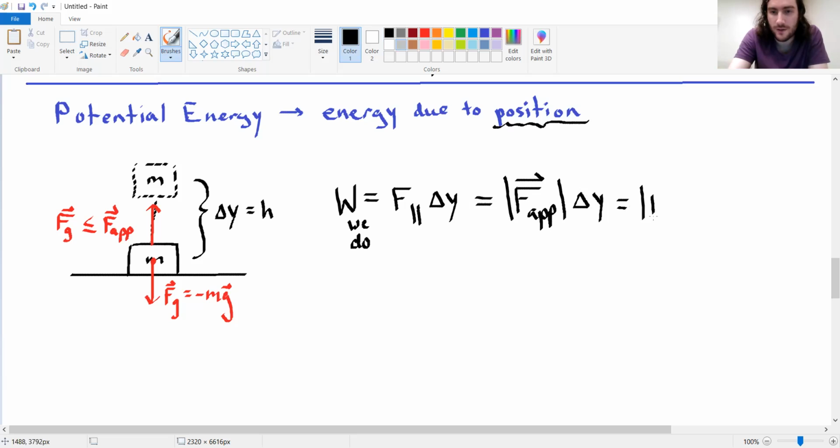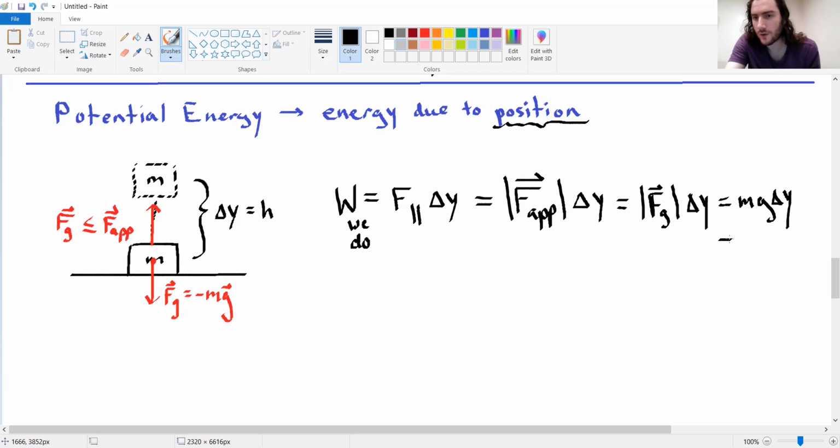Now I'll substitute in that our applied force has the same magnitude as the gravitational force. Then we'll drop the magnitude sign and just plug in mg times delta y. And maybe if you want to, you can also say mgh, which I see in some books instead of mg delta y. So whatever your preference is.